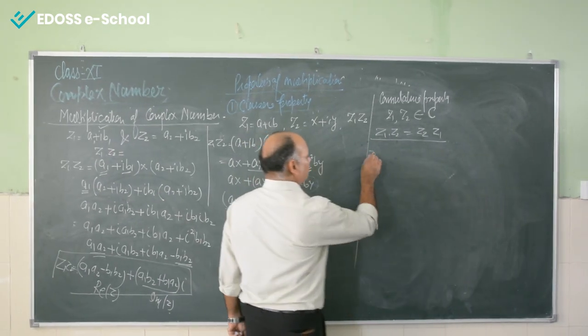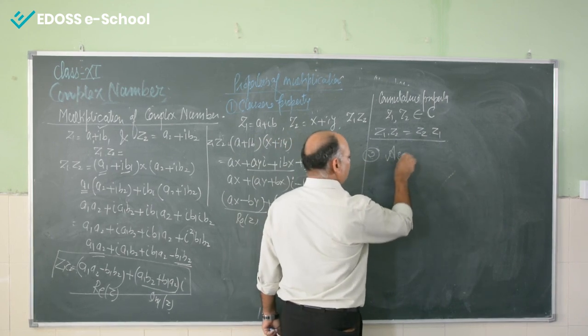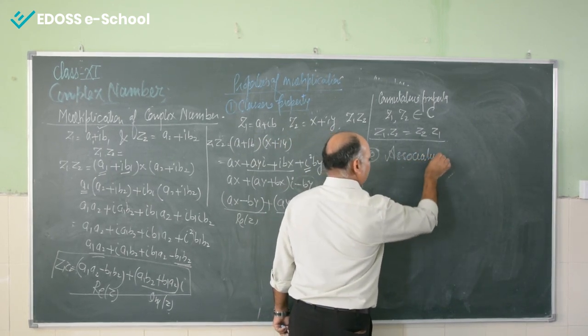Now we will come to the third property, that is the associative property.